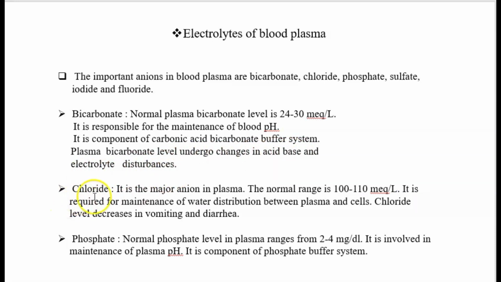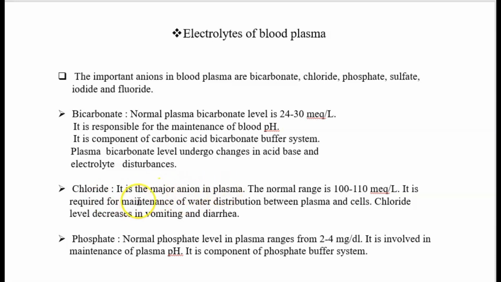Now we look at chloride. It is a major anion in plasma. Can you now see? I told you from the beginning that one of the chief predominant electrolytes in the extracellular fluid, I mentioned sodium, I mentioned chloride, and I mentioned hydrogen carbonate.